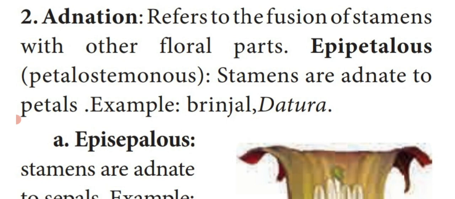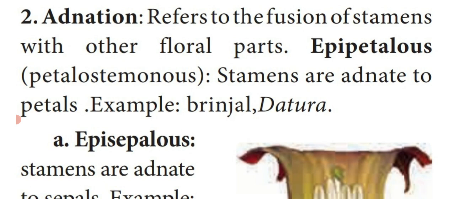So see that one. Androecium is the third whorl. Corolla is the second whorl. The stamen of an androecium, which is fused with the petal of a corolla, is known as epipetalous stamen or petalostaminous flower.